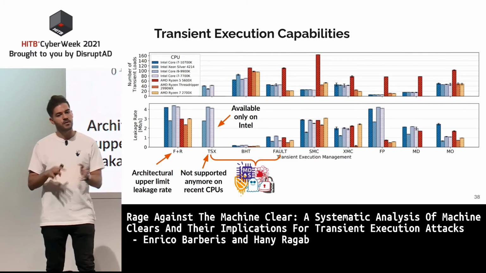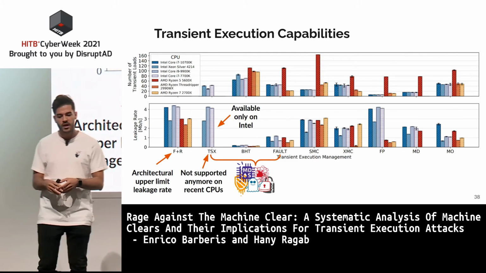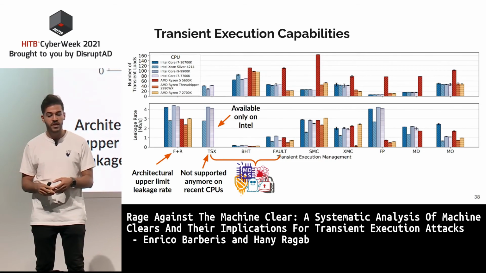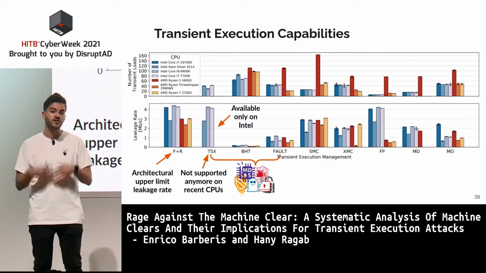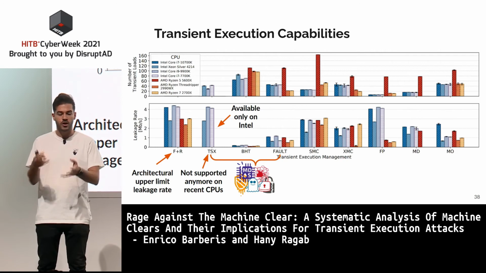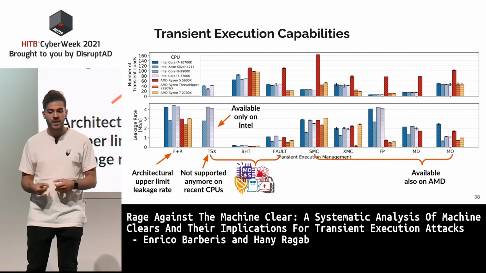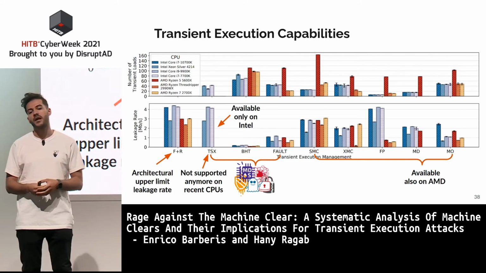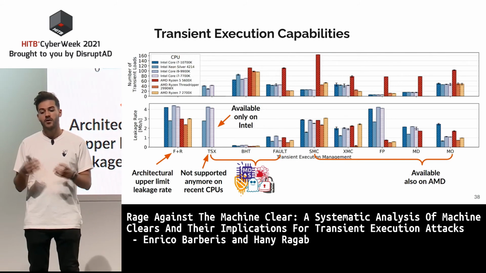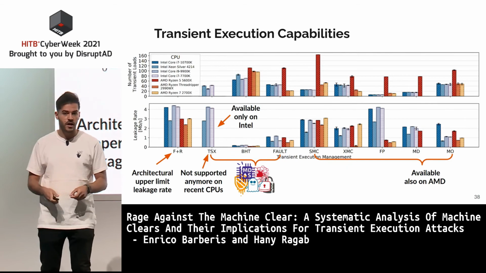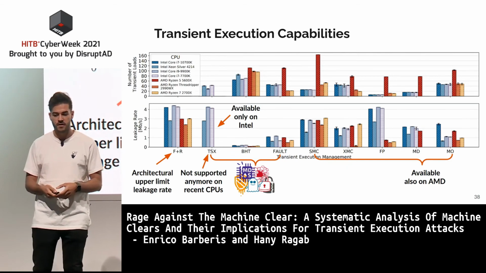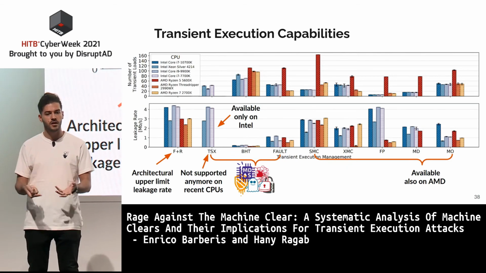So before our work, an attacker would have been left only with a BHT, so mistraining a branch predictor, or causing a fault to create a transient path. But after our work, we're basically providing five new ways to create transient execution attacks, which are also available on AMD, which is quite powerful in terms of tools to reverse engineer the internal behavior of a CPU.